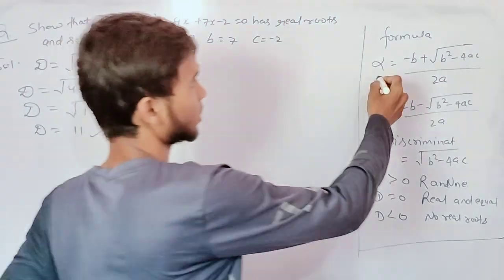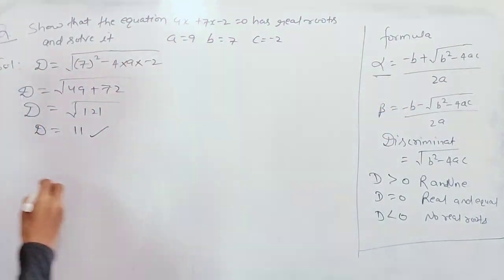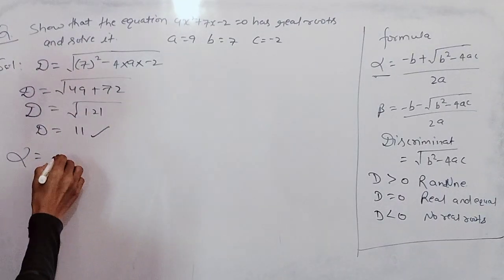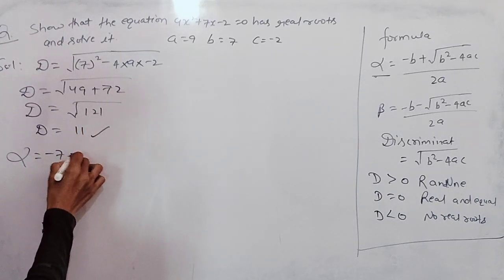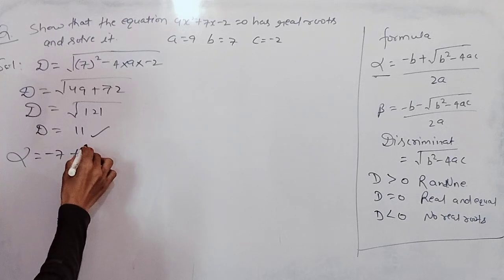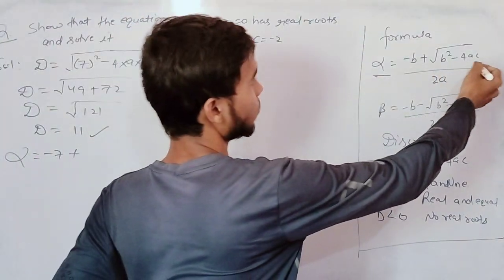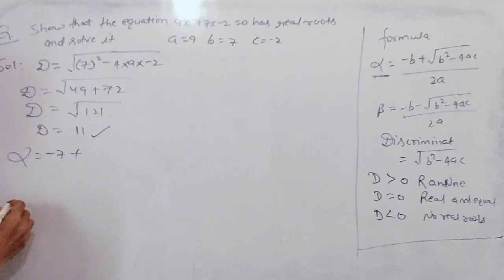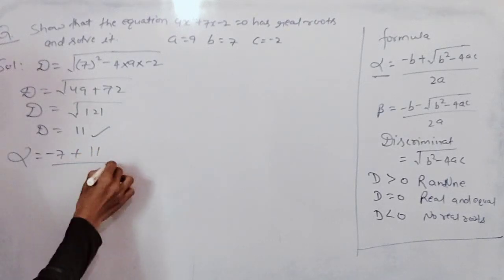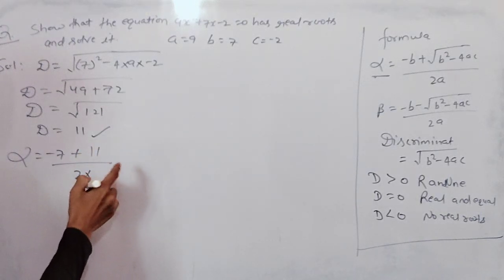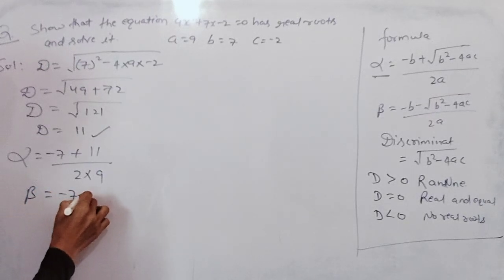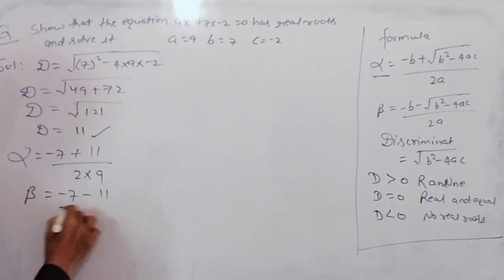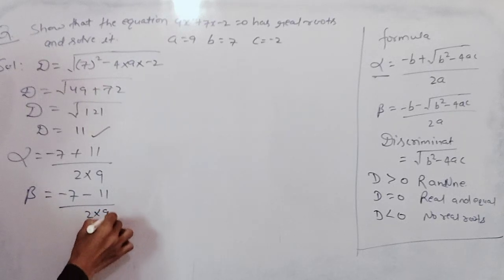Now let's take alpha equal to minus b, so minus 7, plus the square root, which is 11, upon 2 multiplied by a. Now beta is minus 7 minus 11 upon 2 multiplied by 9.